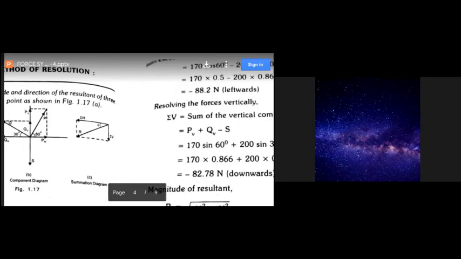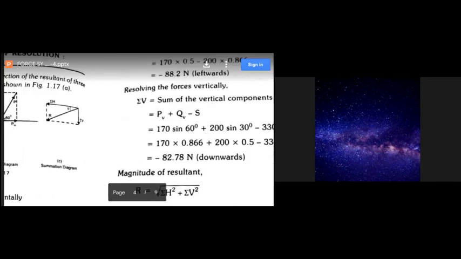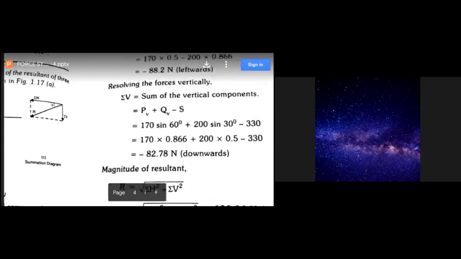So PV equal to 170 sin 60 plus 200 sin 30 minus 330. After simplifying, we'll get sigma V equal to minus 82.78 newtons. Here minus means this algebraic sum acts in the downward direction. Substitute this sigma H and sigma V in the resultant formula.